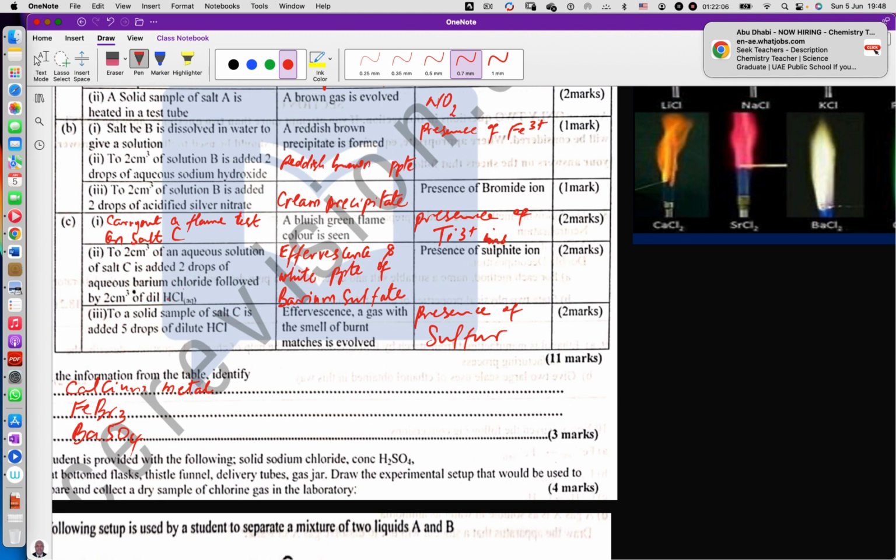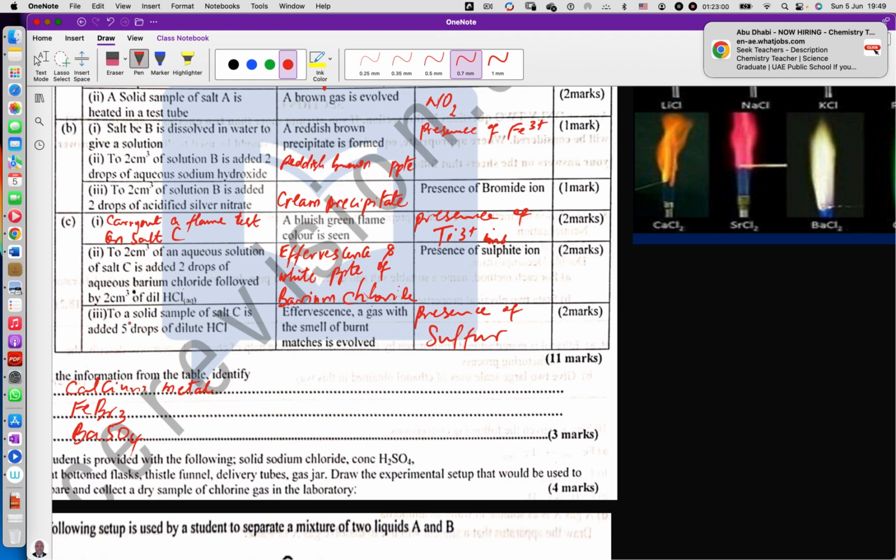2 drops of barium chloride followed by 2 cm cube of acid gives a white precipitate, indicating the presence of sulfate ion.